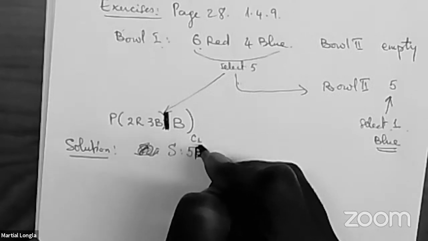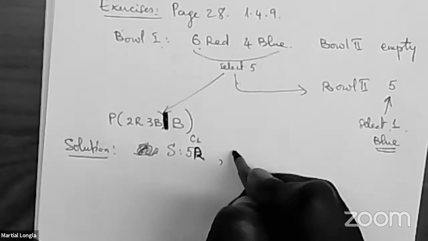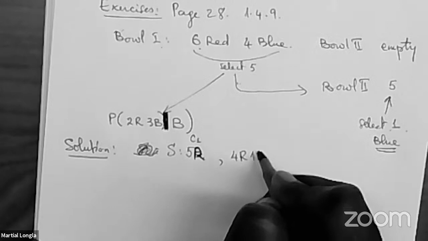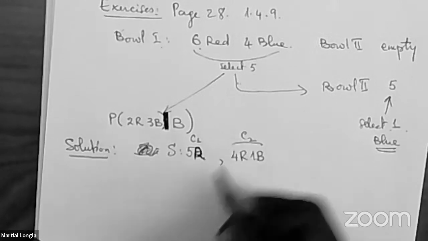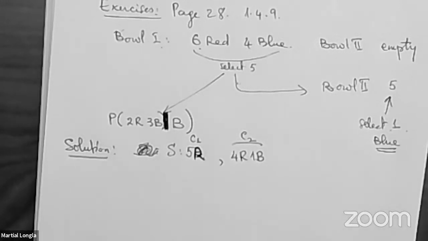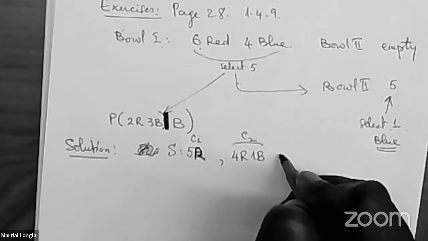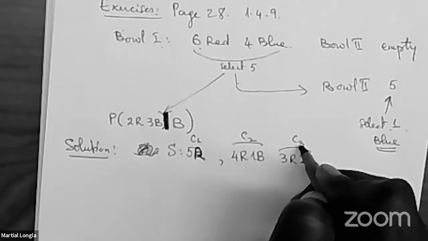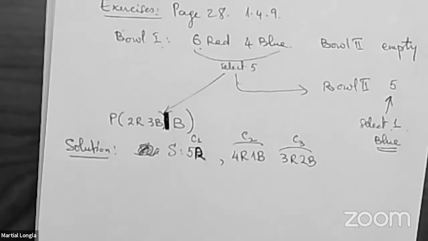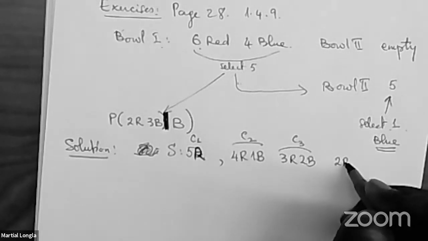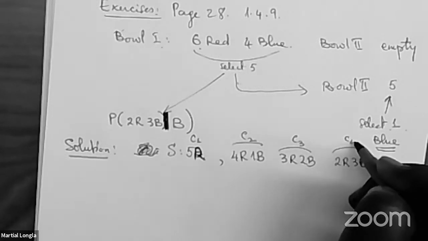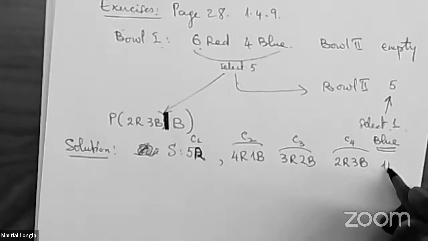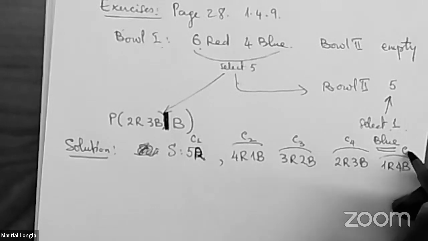case 1, 5 reds. Case 2, 4 reds, 1 blue. Then 3 reds, 2 blue. That's case 3. Then 2 reds, 3 blue. That's case 4. Then 1 red, 4 blue. That's case 5.